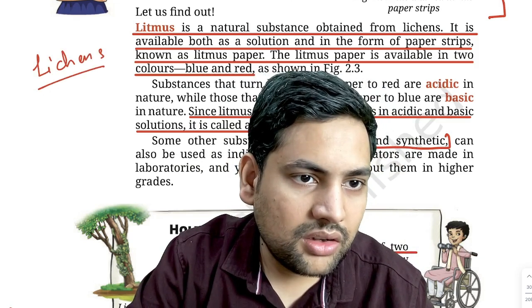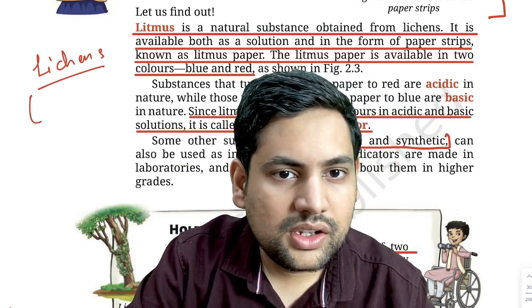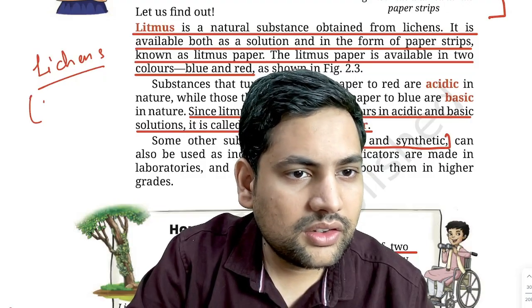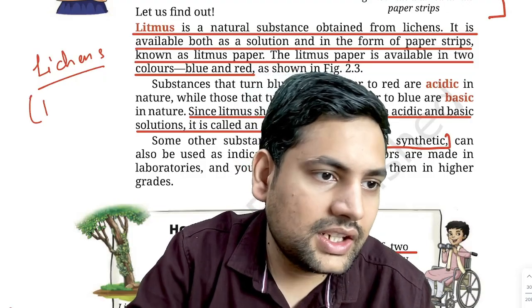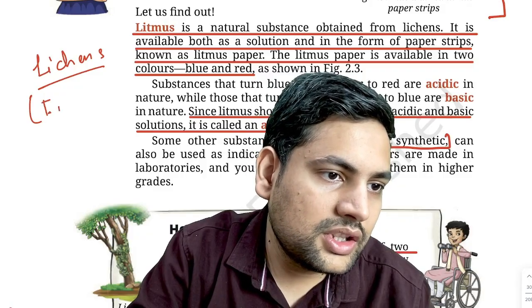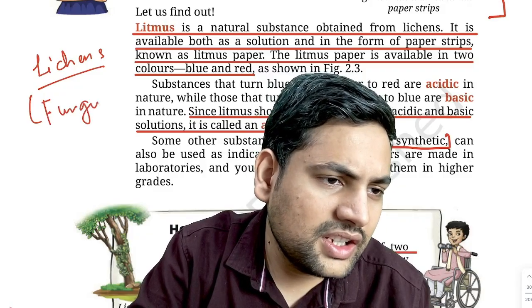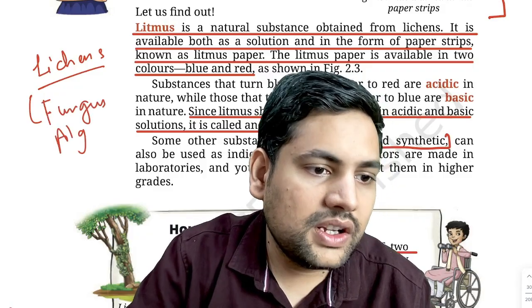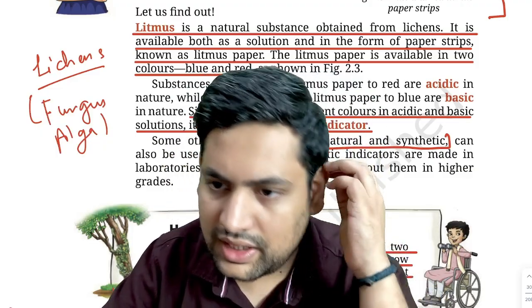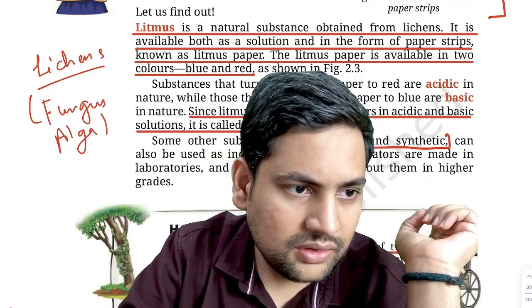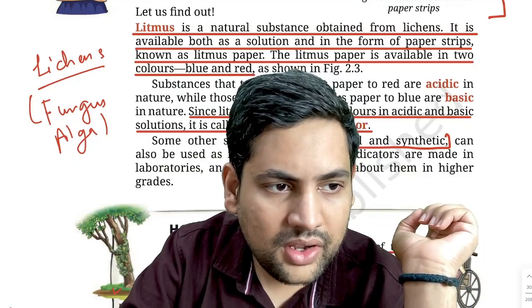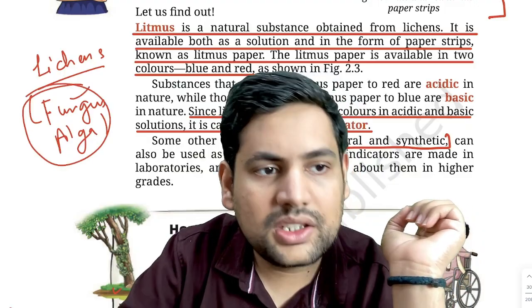These are actually combinations of a fungus and an algae. This you might have seen near trees and all that. This is lichens. From this you make something known as litmus.